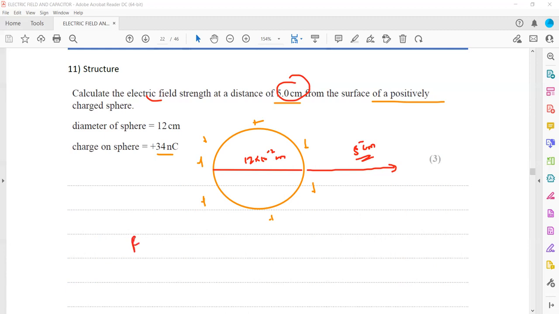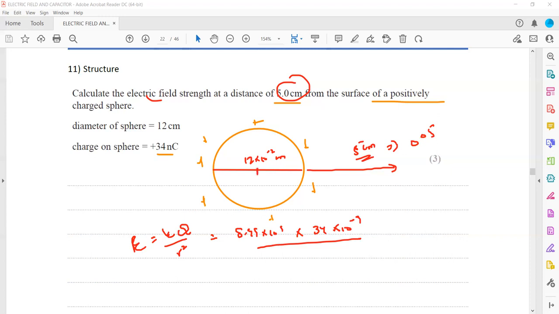The formula is E equals kq over r squared, where k is 8.99 into 10 to the power 9. Q is the charge on the sphere, that is 34 nanocoulomb, and divided by the distance. So how do we work out the distance? This is 5 centimeter, which is equal to 0.05.